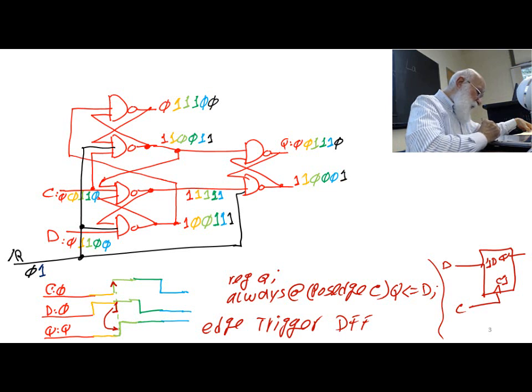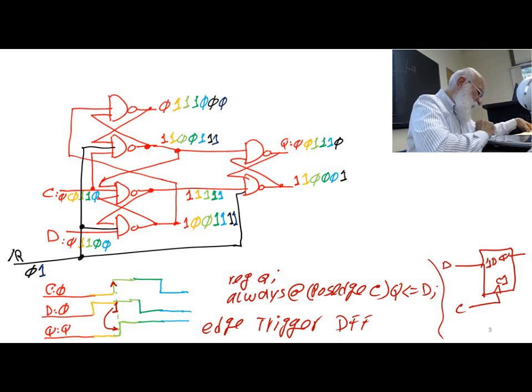Now, this changed back to 1, and therefore I have a 1. I have a D of 0. This remains a 1. I have a 1 on the top gate, and I have another 1. So this is 0. I have a 0 here. This is a 1.